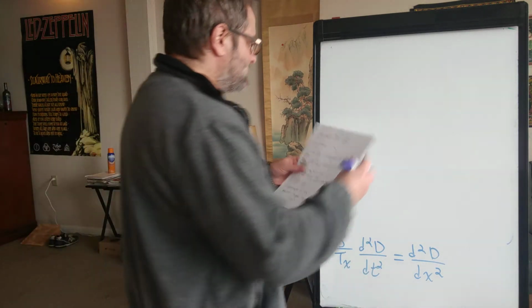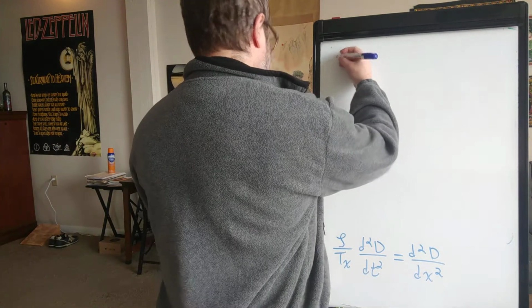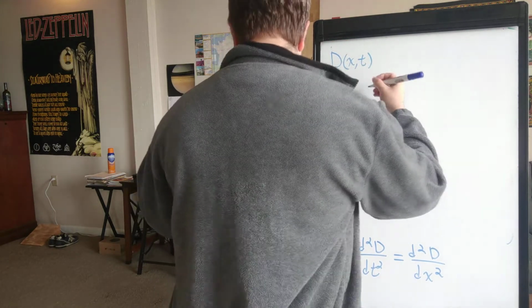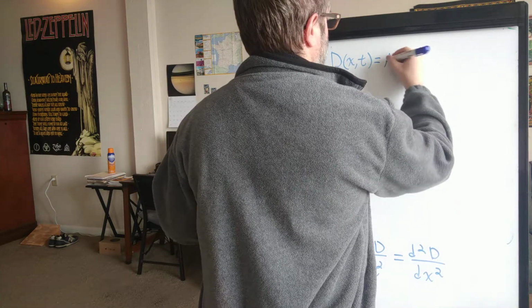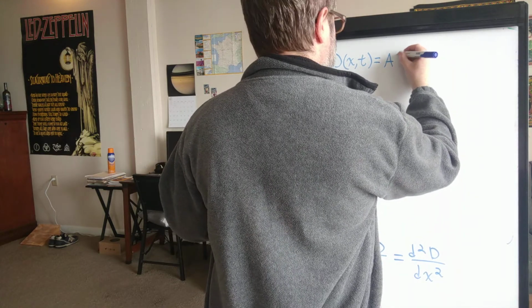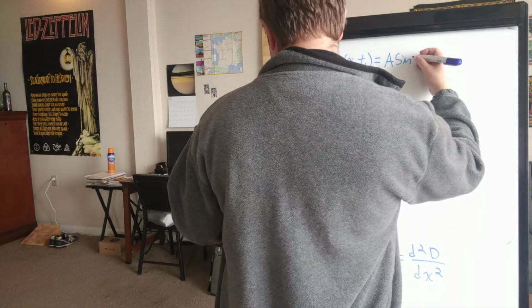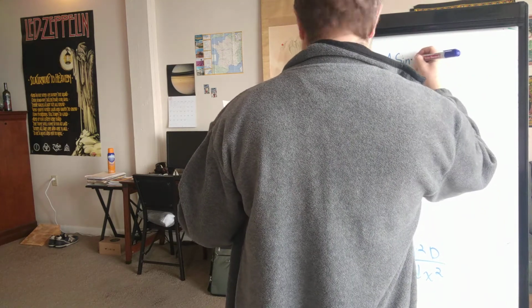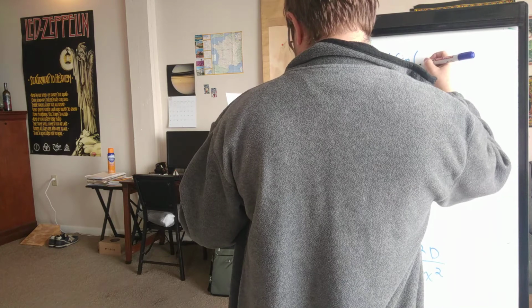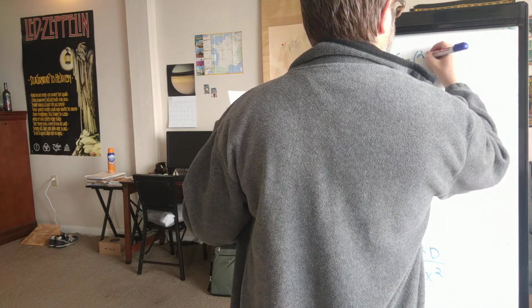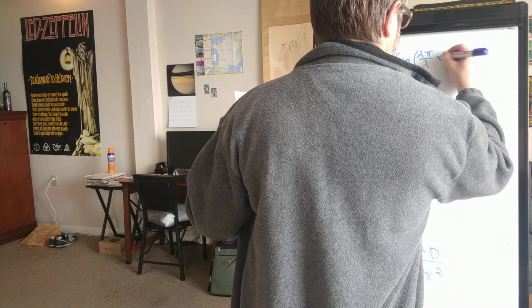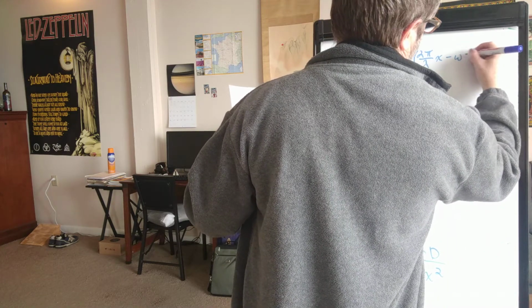We're going to use guess and test like we've been doing. So our guess is going to be d as a function of x and t equal to A sine of 2 pi over lambda times x minus omega t.